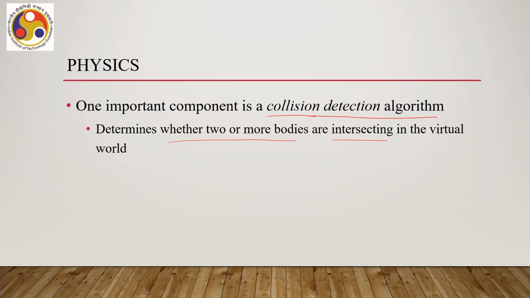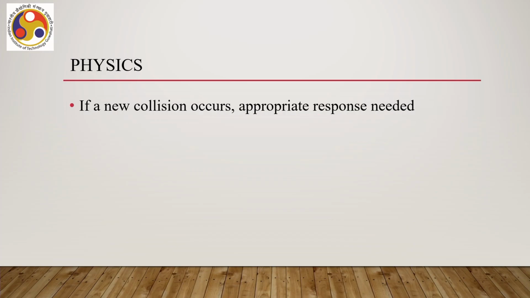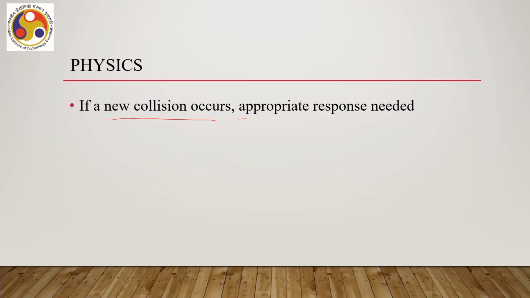If they are intersecting, then how they should behave. Also, only detection is not sufficient; we need to consider what happens after the collision takes place. So, if a new collision occurs, an appropriate response is also needed, that should be part of the collision detection algorithm, as part of collision response.